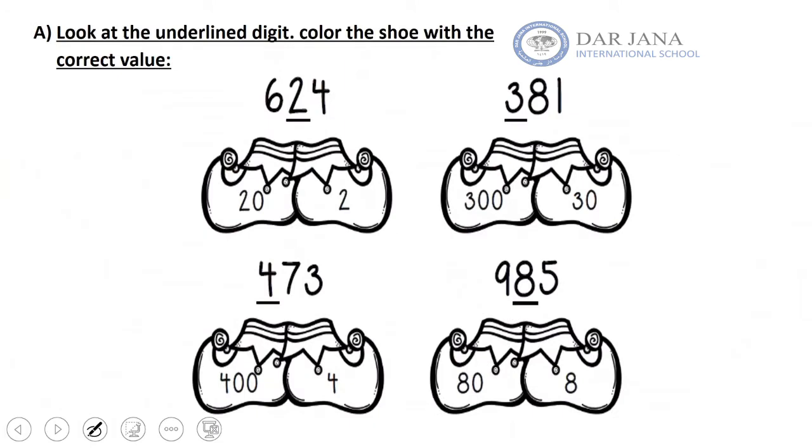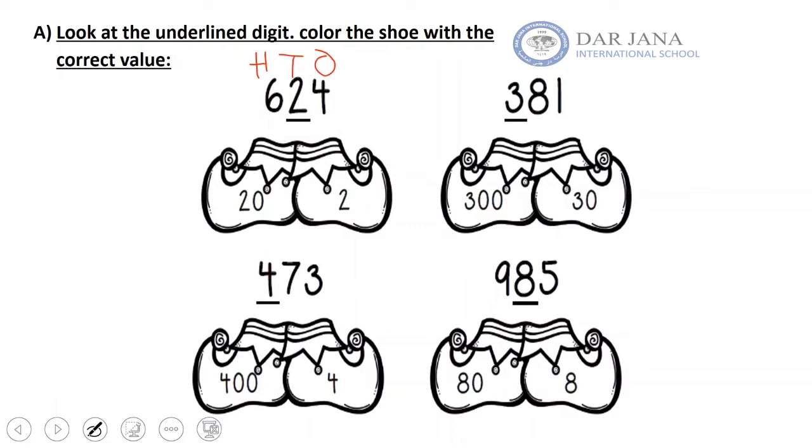Next, look at the underlined digit. Color the shoe with the correct value. So, he will put here 2 options for each question. You have to guess and color the correct side. You have 624. Put hundreds, tens, and ones.